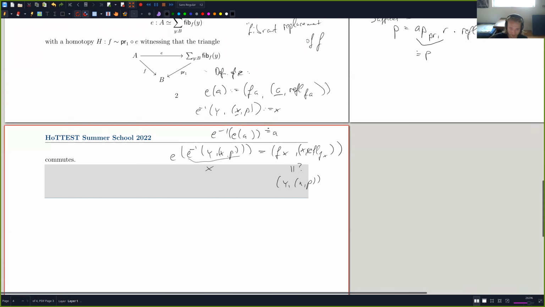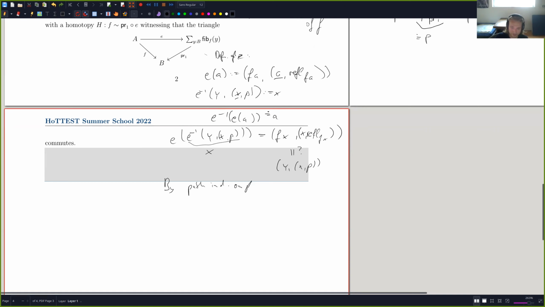And we still have p to be an arbitrary path here, so we may apply path induction. It almost feels like cheating to prove everything by path induction, but that's what it is. So induction on p.